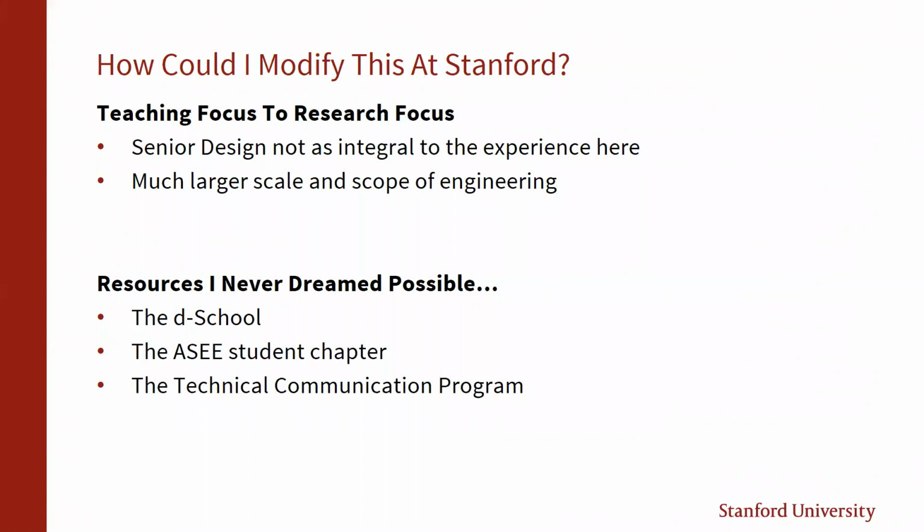There's also a student chapter of the American Society of Engineering Education, which exists here at Stanford. It's mostly populated with graduate students. They have some journal clubs and some symposia, and it's a small group, but they're pretty vibrant and passionate about teaching, and many of these students are teaching undergrads.